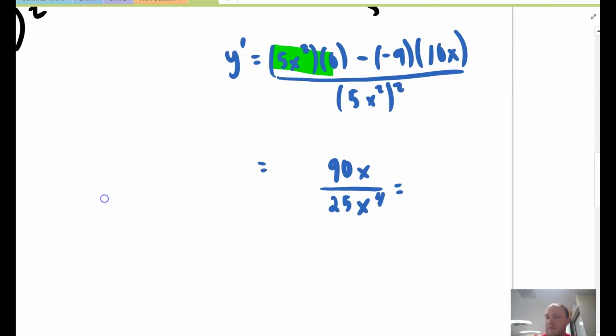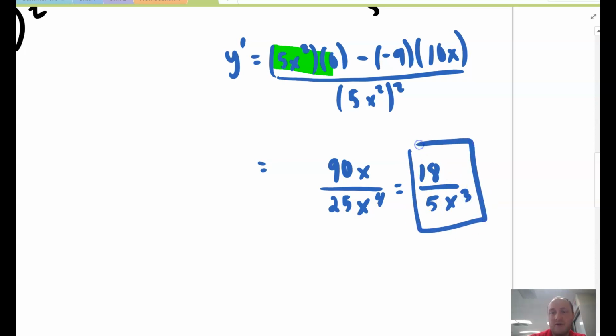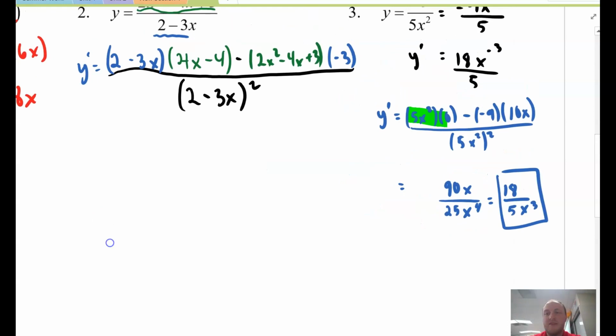If we simplify this by 5, we'll get 18 over 5, and we have x to the 3rd. And there's your derivative. That is the product and the quotient rule.